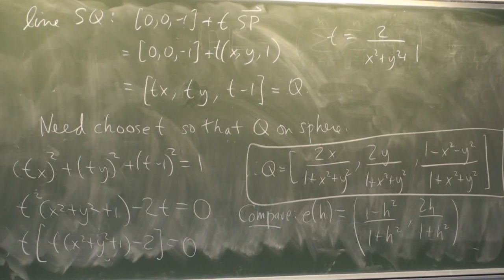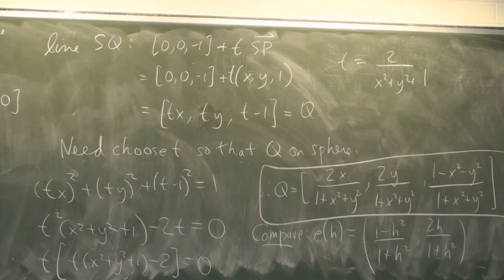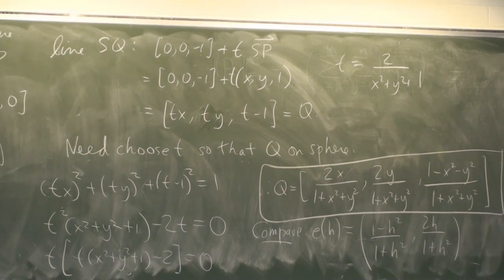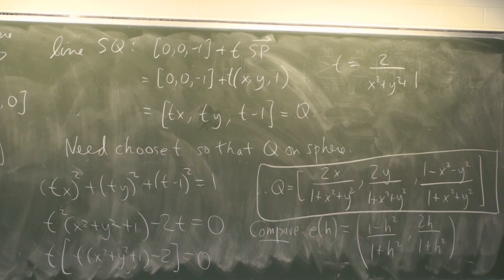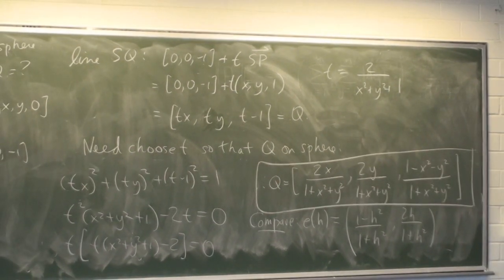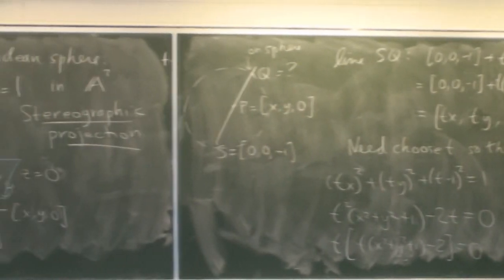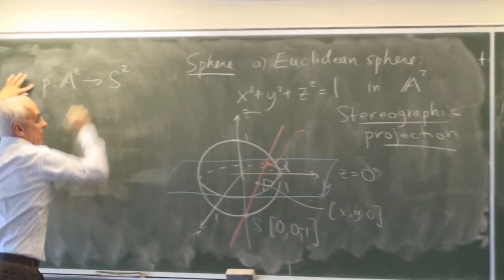Now this stereographic projection has a number of interesting properties, if we think of it as a mapping from the plane to the sphere. So let's say that P is a mapping from the plane, which is A2, to our sphere, which is S2.